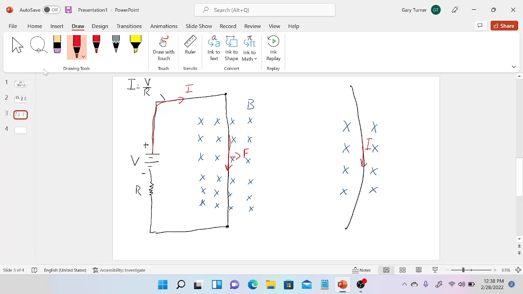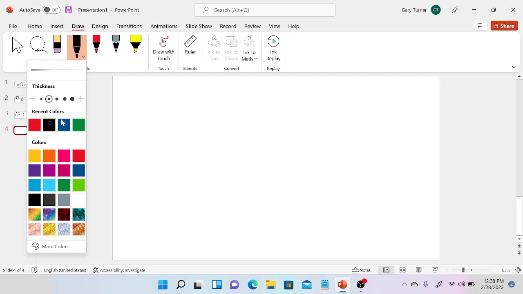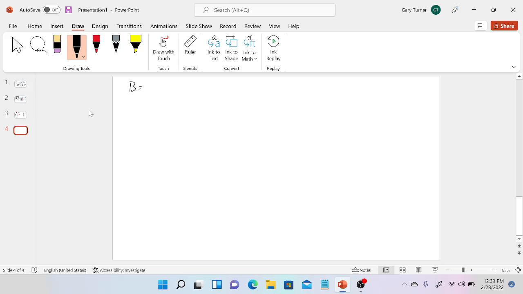So if we want to do an explicit example here, let's say that we have a magnetic field, and once again, let's just say 0.5 teslas. And by the way, 0.5 teslas is actually a rather large magnetic field.